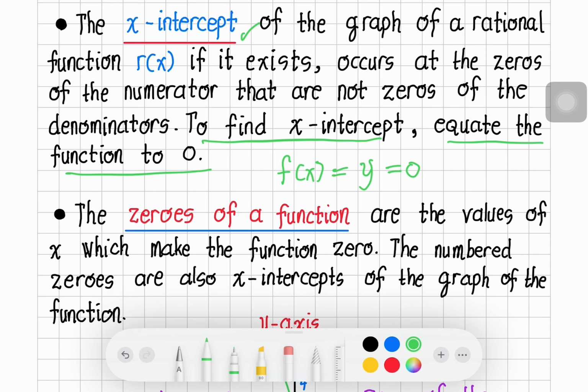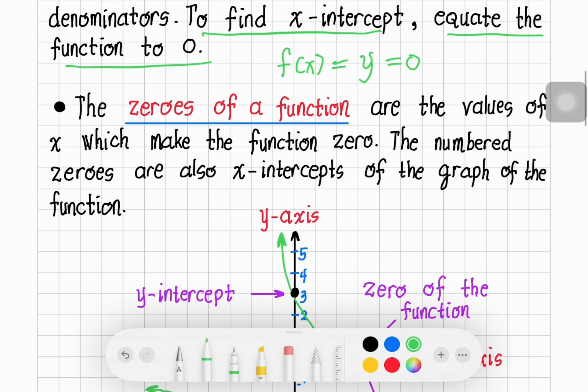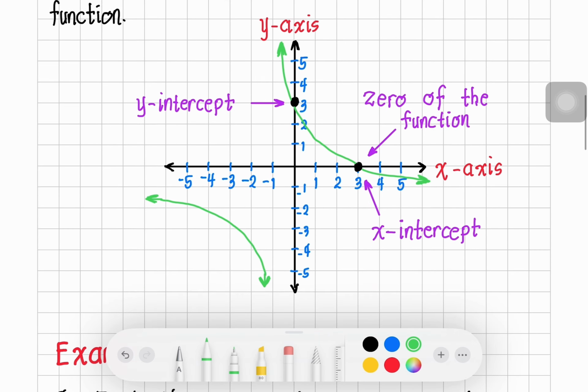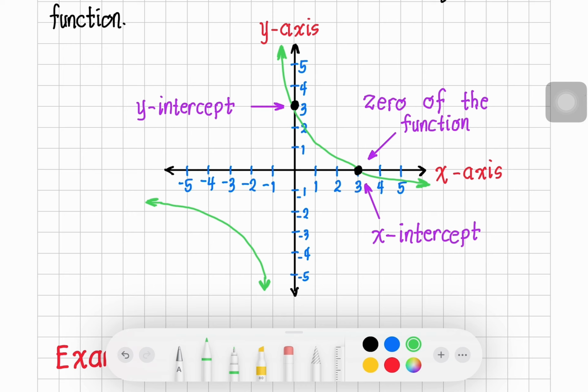So guys, the zeros of a function and the x-intercept are almost the same. Their location on the Cartesian plane is almost the same. So, this is the illustration of the zero of the function and x-intercept.